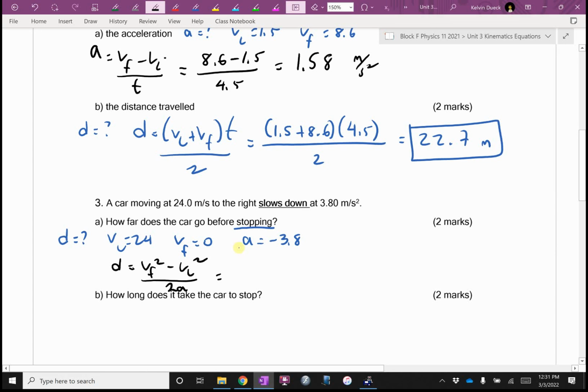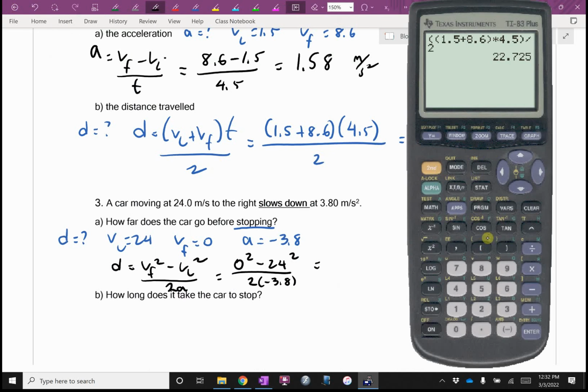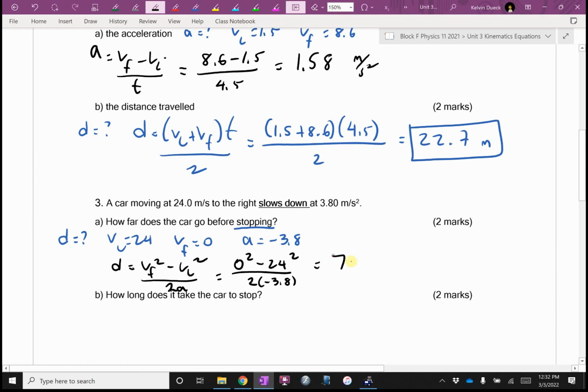I think it's going to end up being 0 squared minus 24 squared all over 2 times negative 3.8. 0 squared minus 24 squared divided by bracket 2 times negative 3.8. Did you all get 75.7 or 75.8? And it's a distance, so it's meters.